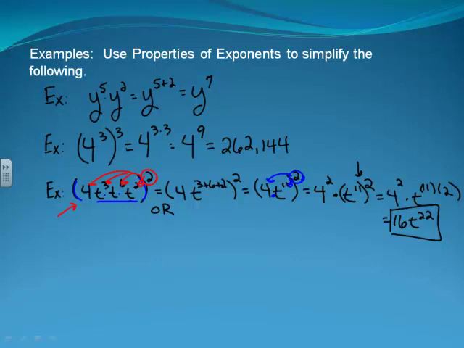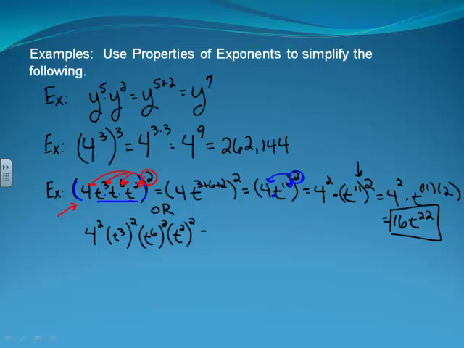If you're going to distribute the power first, you'd get 4 to the second power times t cubed to the second power times t to the 6th to the second power times t squared to the second power. We just broke that outside power of 2 onto each of those factors individually.